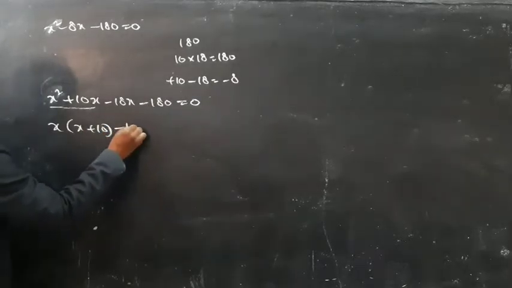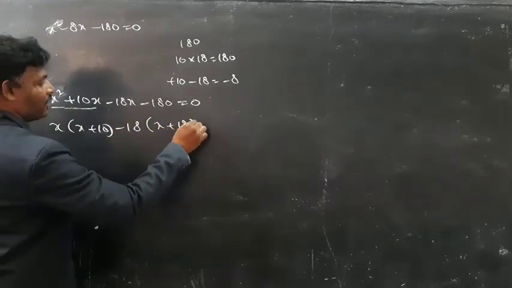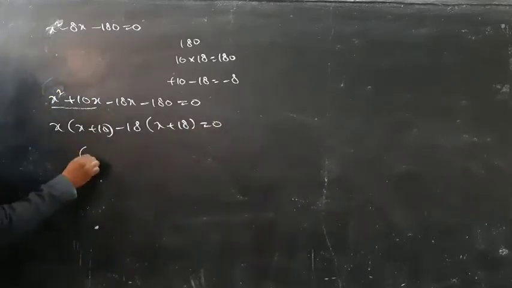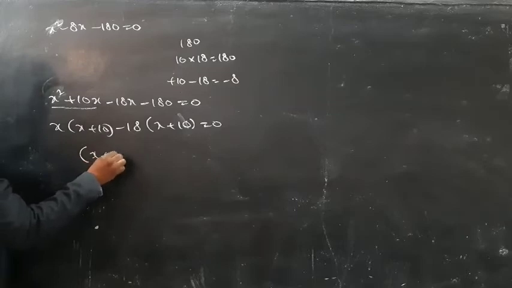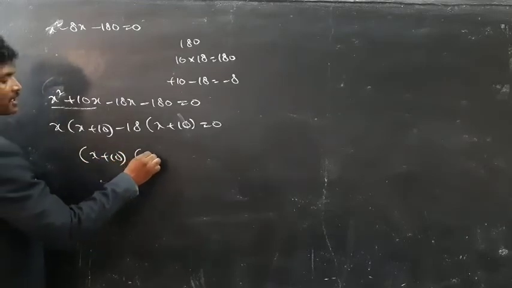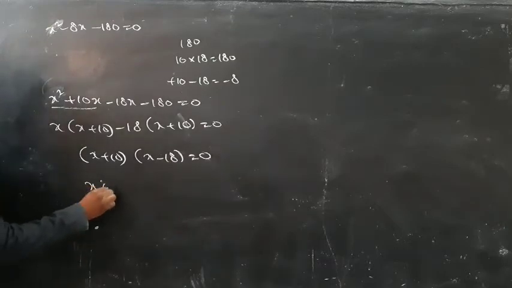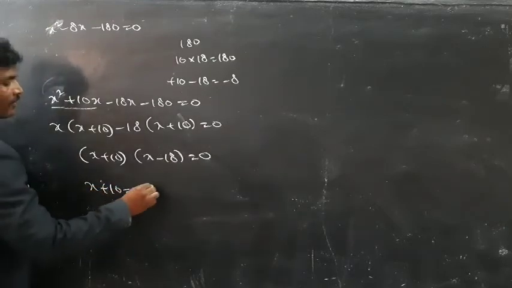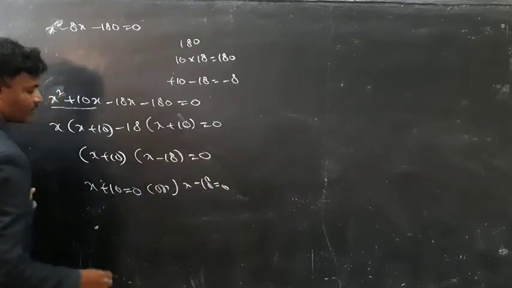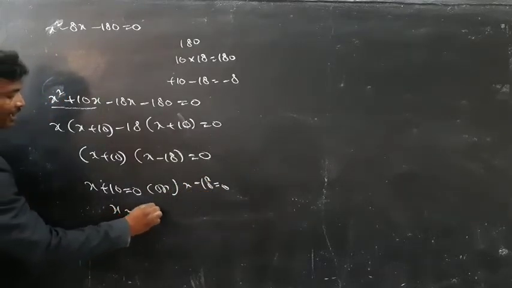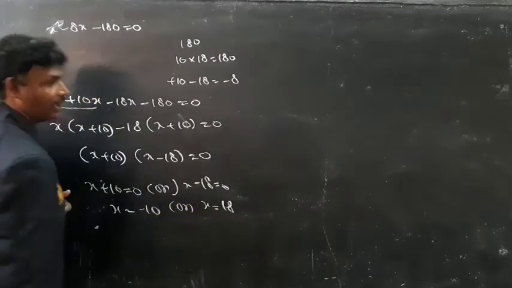From the last two I am taking minus 18 as common: x plus 10. Taking x plus 10 as common, x plus 10 into x minus 18 is equal to 0. So x plus 10 is equal to 0 or x minus 18 is equal to 0. So x is equal to minus 10 or x is equal to 18.